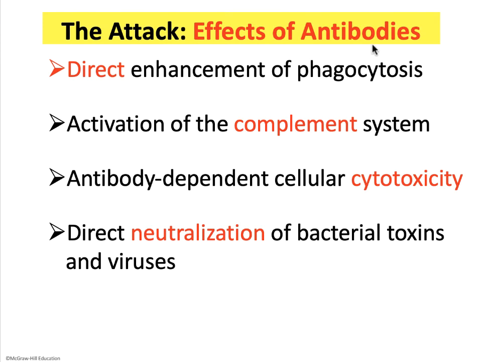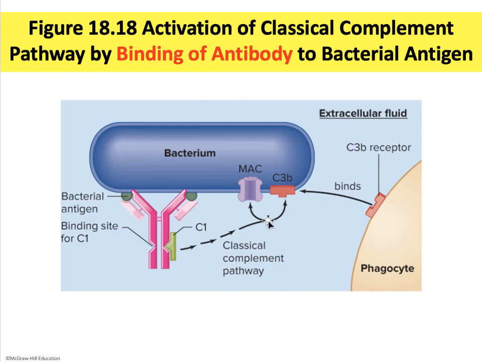Additional involvement of antibodies is mentioned in number 3. In this case, antibody-dependent cellular cytotoxicity is mediated by the activation of natural killer cells. Once the antibody binds, a natural killer cell will come along, recognize the constant region of the antibody, and destroy the cell to which the antibody is attached.